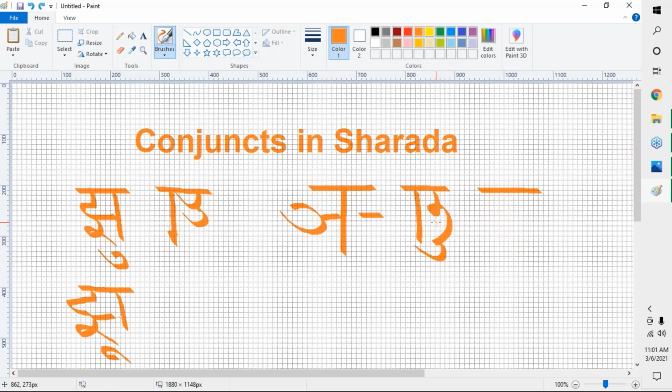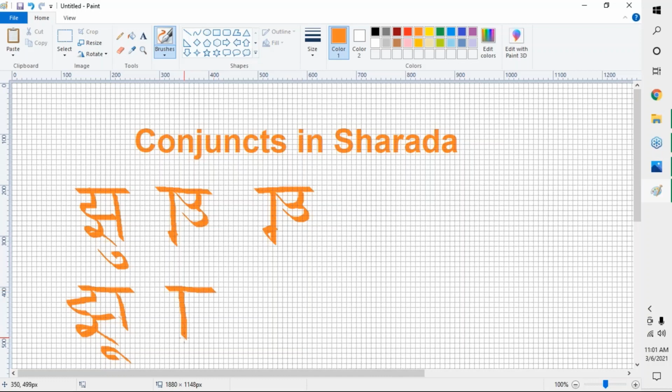Now I will just draw that once again, so that there is no confusion now. There's a small triangle here. This is U. Then this is U. Now if I have to draw U, there is no difference.